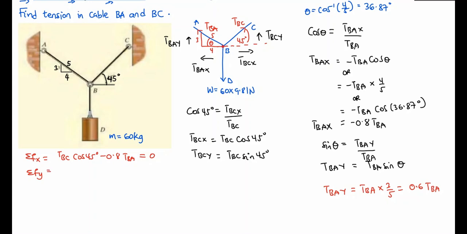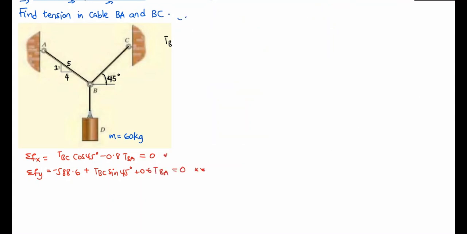For that one, the first one will be the weight force, which will be negative, so that will be minus 60 times 9.81. That gives us a value of 588.6 Newton, negative because it is pointing downwards. And then we are going to have plus TBC sine of 45 degrees, and then plus 0.6 TBA. This will be equal to 0.